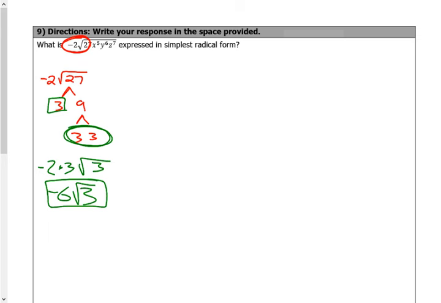Now, with the variables, we treat a little differently. We're dividing by 2, or whatever the radical is. In Algebra 1, you're only responsible for square root of variables. So 5 divided by 2, that does not come out even. It is 2 remainder 1. 6 divided by 2 is even.